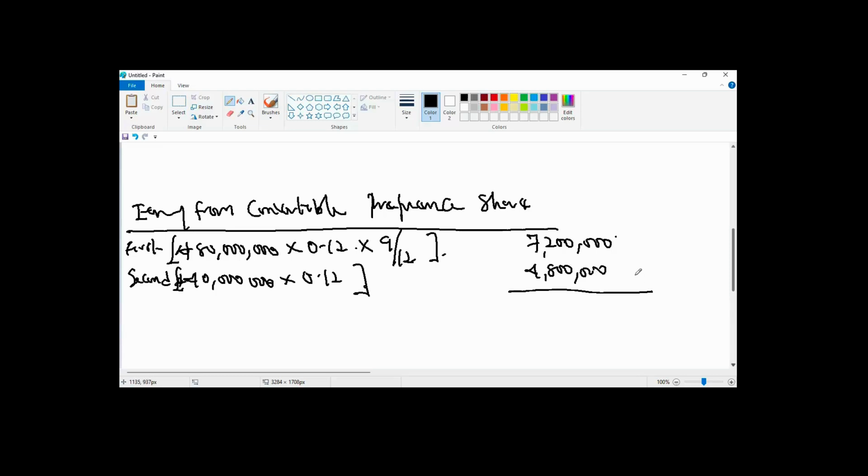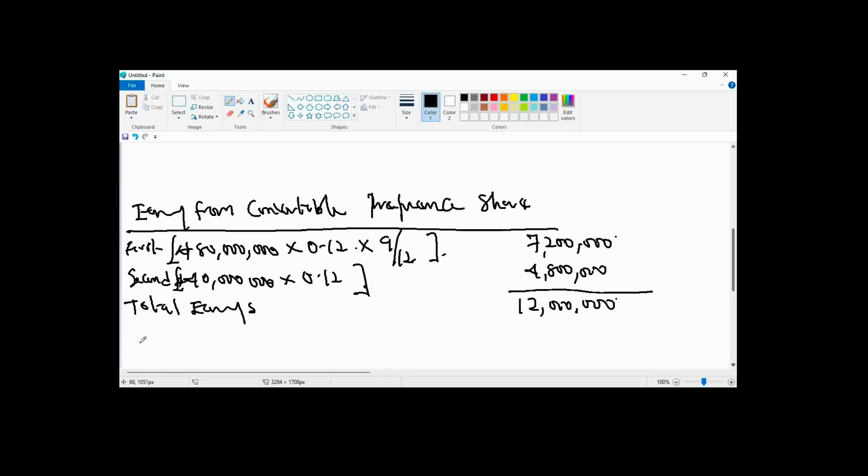7.2 plus 4.8 is 12 million. Then this is the total earnings. Then I need to apply tax. The question even plays a prank on me; he did not give me tax.